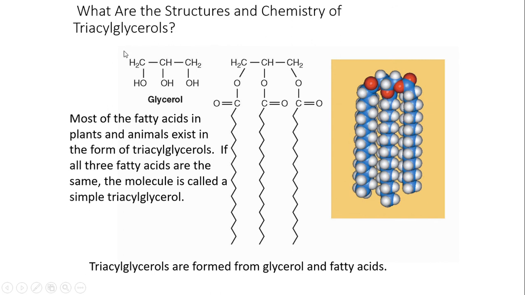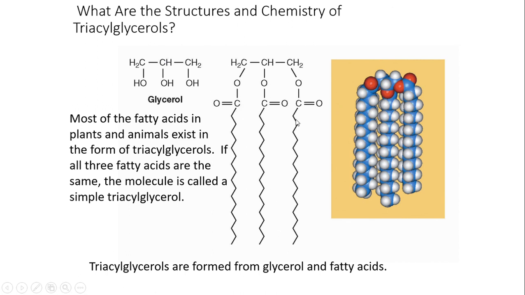These are composed of the glycerol molecule, and you'll see glycerol has 3 hydroxyl groups. When we form that triglyceride, we attach a fatty acid through that hydroxyl group. So this is an esterification reaction.